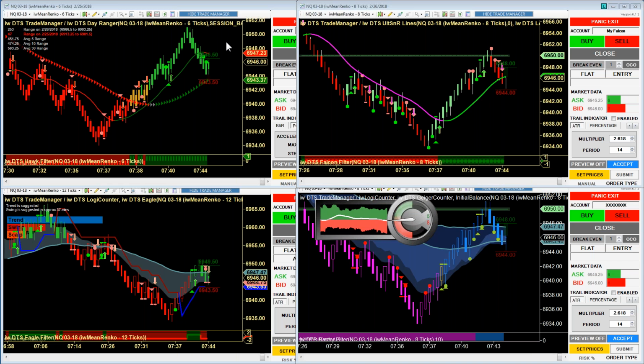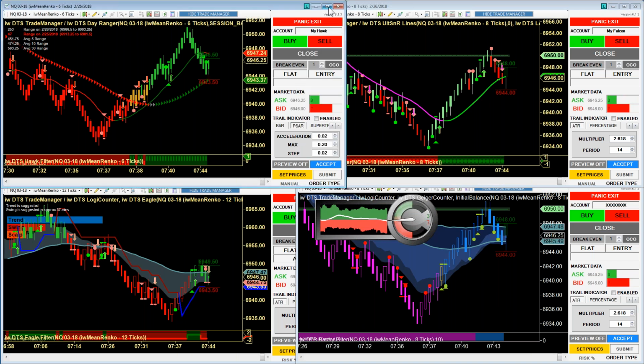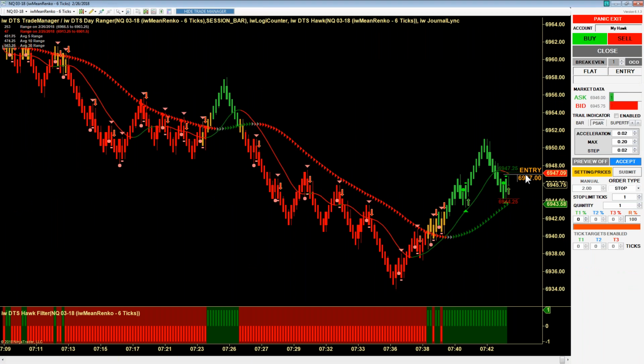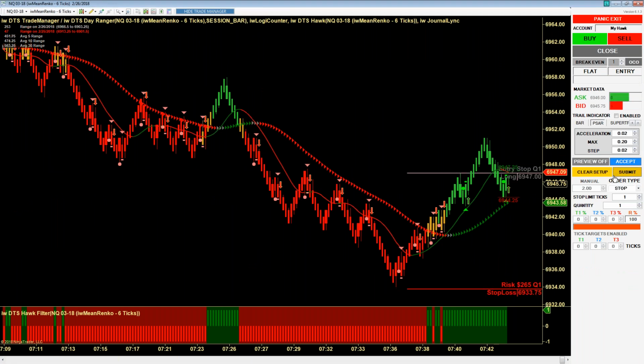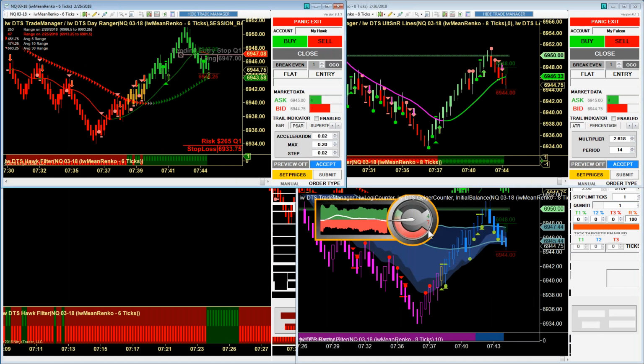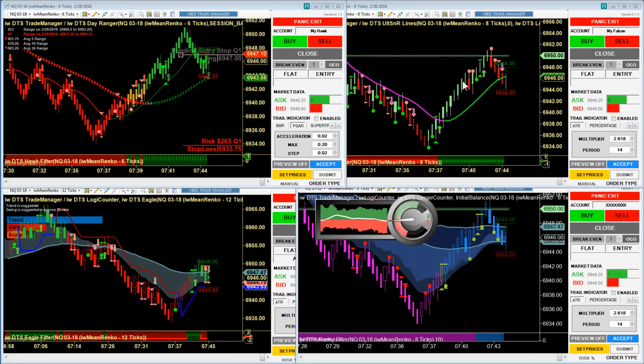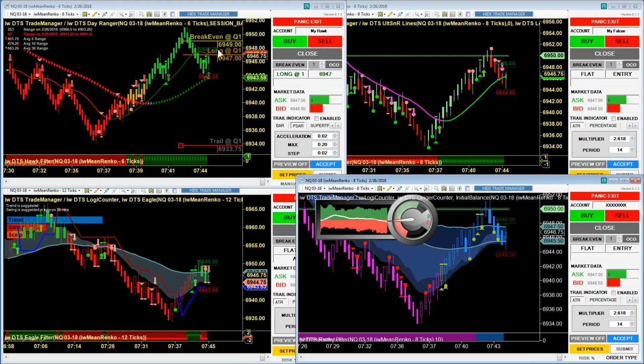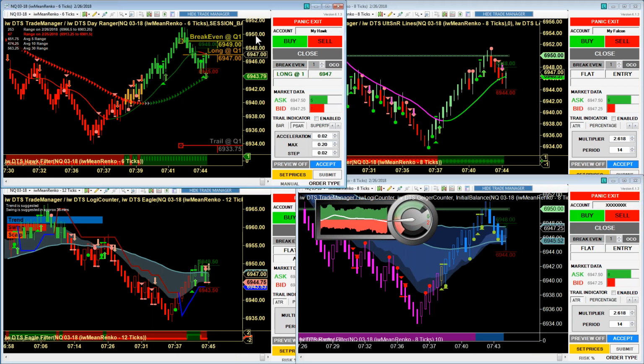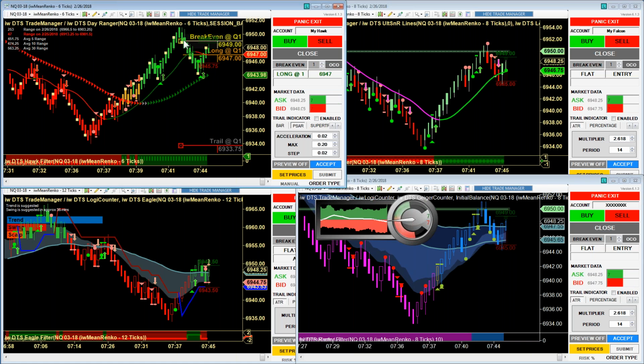Okay, well, here comes a macro pullback now on the Hawk. We're going to get a trend change signal on the Falcon as well. So let's see if the buyer's got anything left in them. So here now the trend change signal on the Falcon, it's fully produced. We're still in the hard edge, obviously, here on the Eagle and the Raptor. And I'm going to delete my break even.